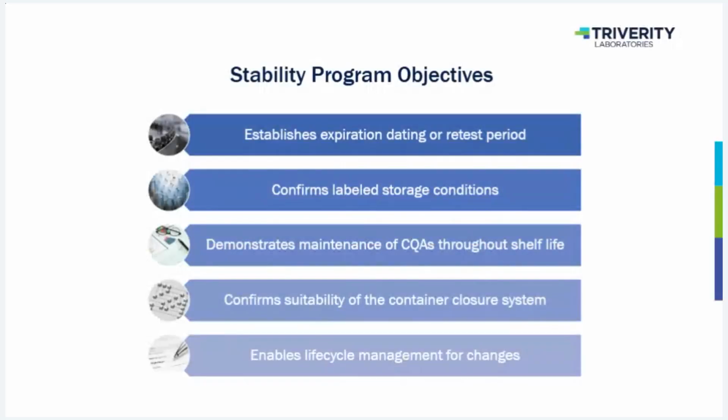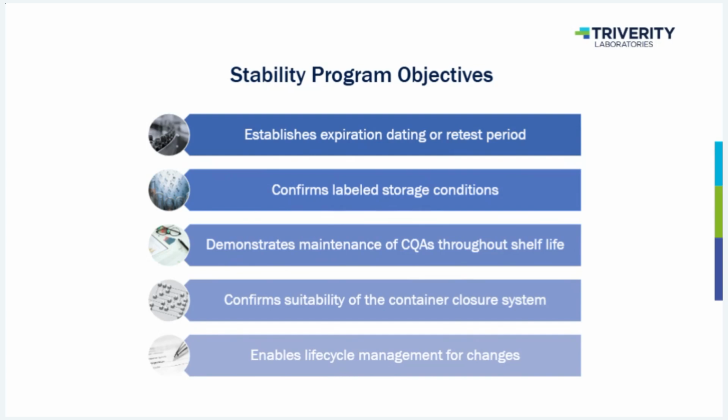So we're going to go through the stability program. The objectives of a stability program, first and foremost, is establishing expiration dating or your retest period for your drug substance and your drug product. You need to use it to confirm any labeled storage conditions. If your storage conditions are room temperature or refrigerated, you're confirming that you are stable with your labeled storage conditions.